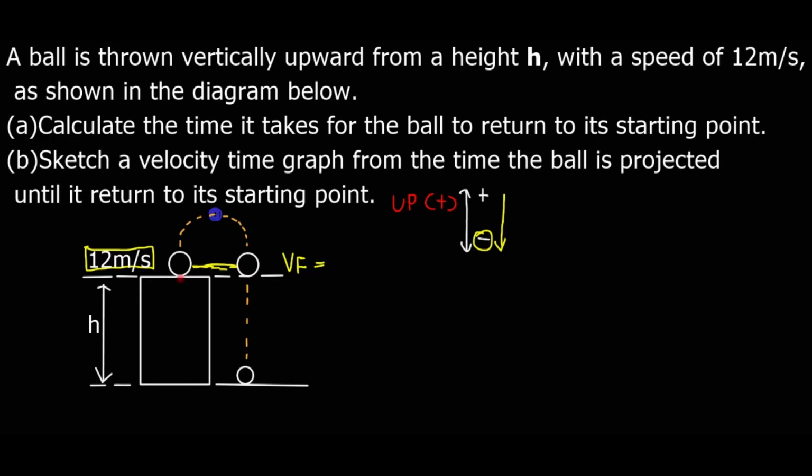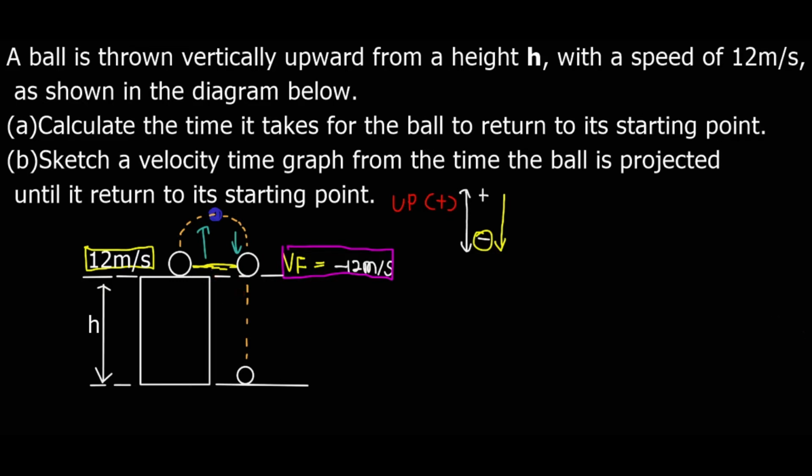Because upward is positive, this means we are in the positive direction going up, and we are in the negative direction coming down. So the speed at this point is negative. So now the initial velocity and the final velocity at this point are equal in size because this object is on the same level.